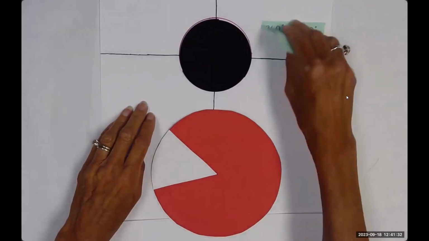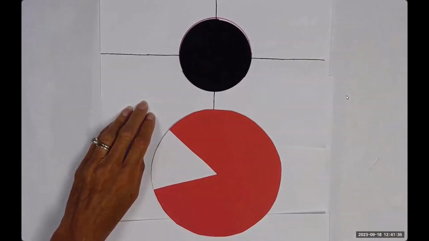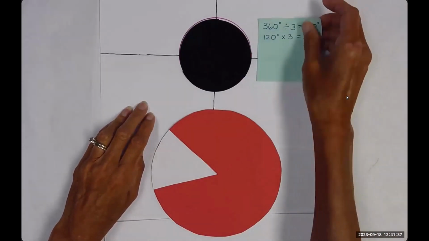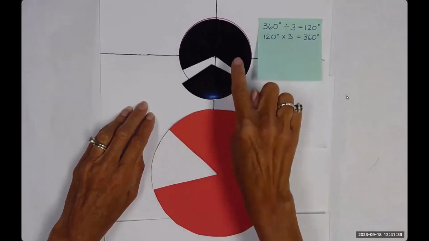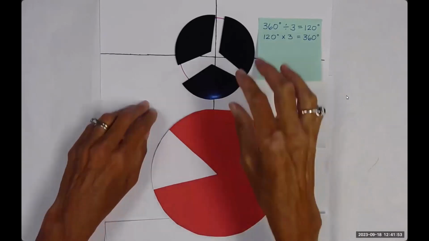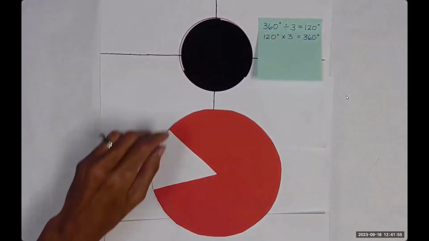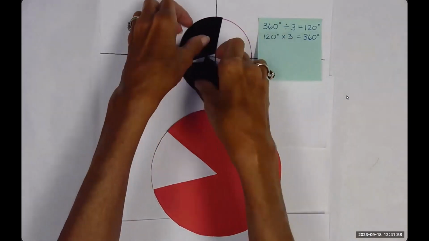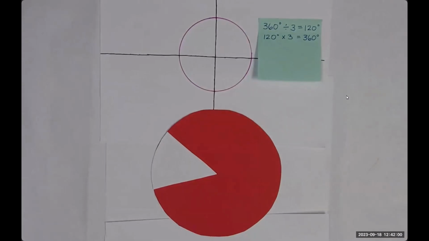Okay, so again, I know that 360 divided by 3 is 120 degrees. So I can figure out, using division or multiplication with an unknown factor, that there are 3 120-degree angles that make this full circle. Okay. All right. So again, pattern blocks and fraction circles can be used to discover these measurements using division and multiplication.